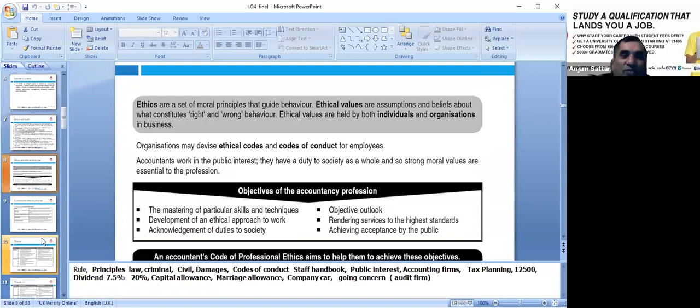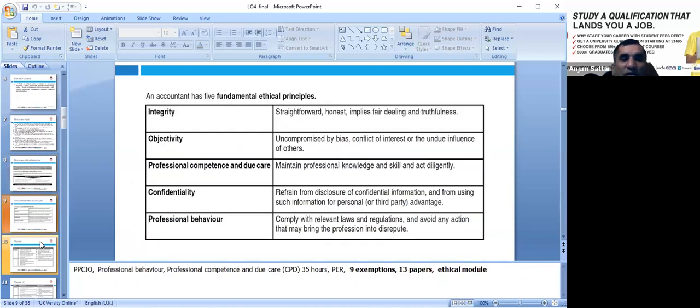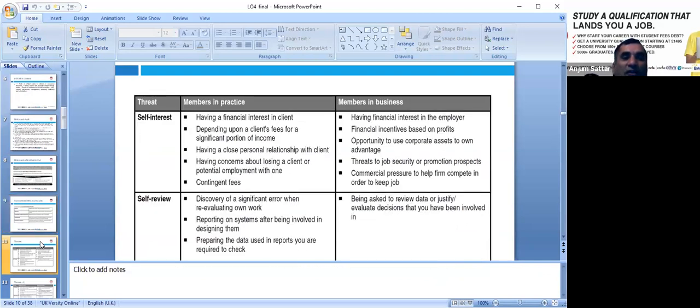We want to make sure we act with integrity, straightforward and honest. Tax planning is legal, but fraud and tax evasion are illegal. These are all part of the professional code of ethics. Always try to look at conflict of interest and how we can reduce it.